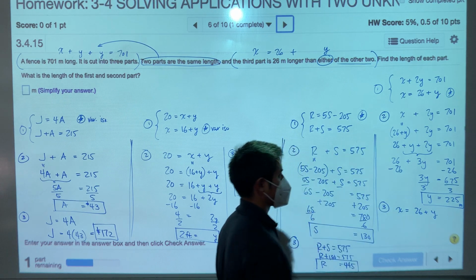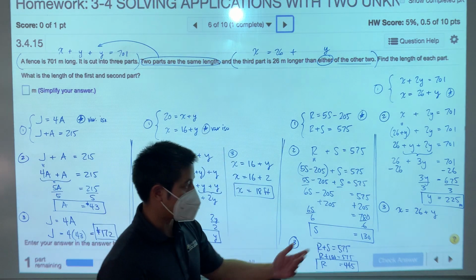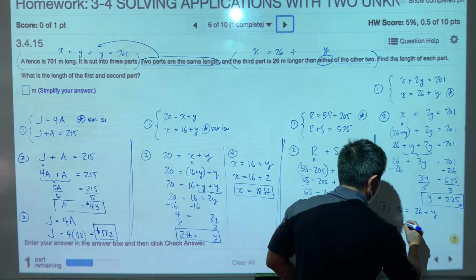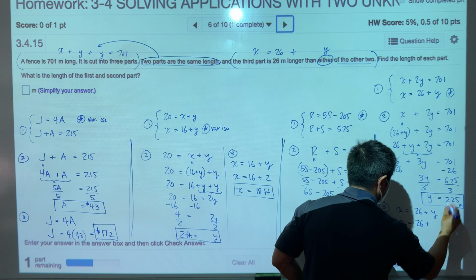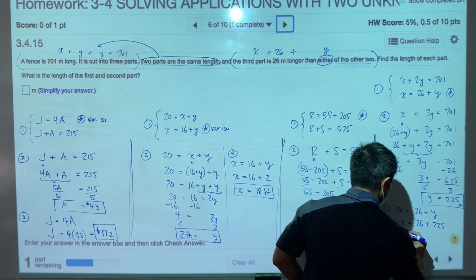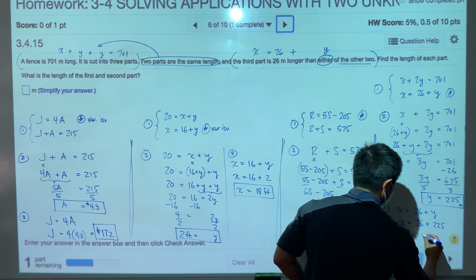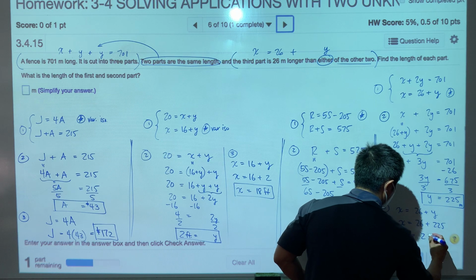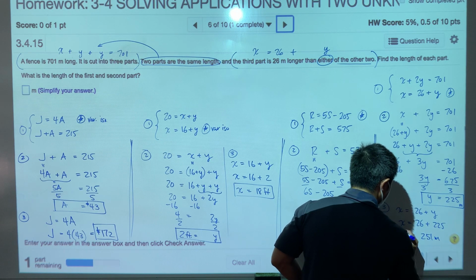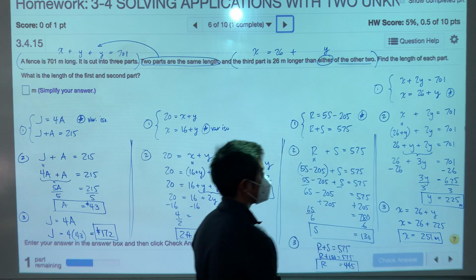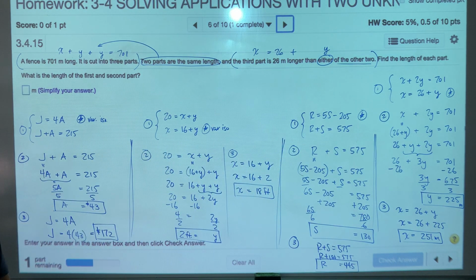It's 26 meters longer than the y piece. And so that x piece is going to be 26 plus 225. And so that other piece is going to be what? 231.51 meters. There it is. And you're done.